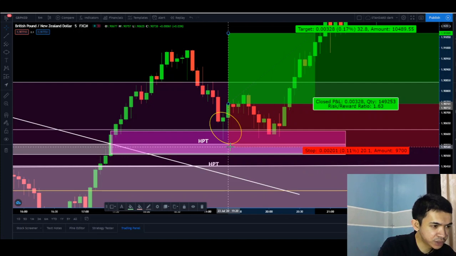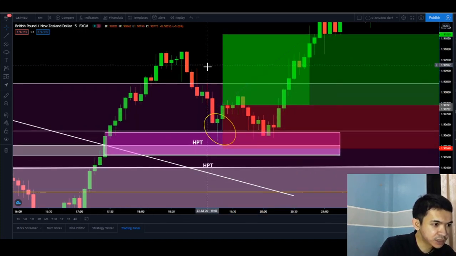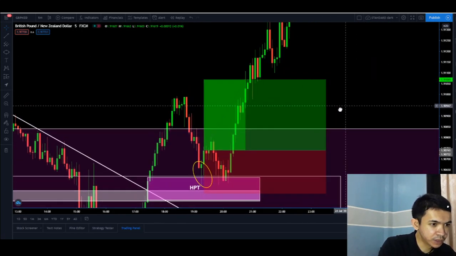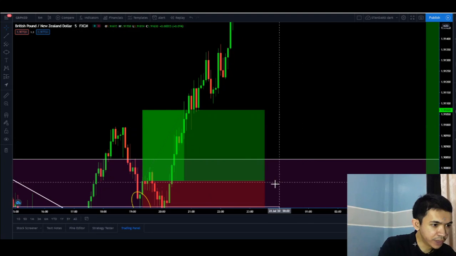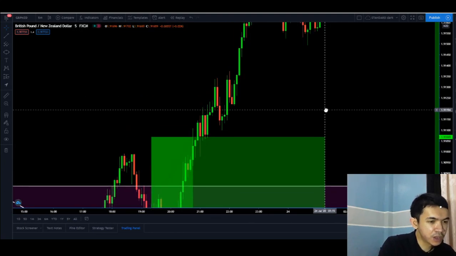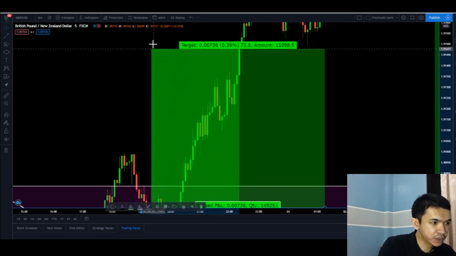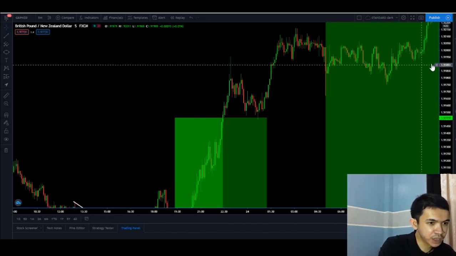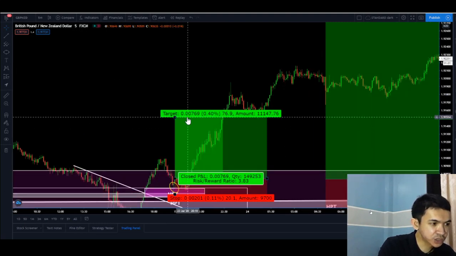And stop loss below this candle, right? So my entry would be now here, and of course, where is my take profit? Take profit remains at your higher time frame. Guys, that is where you 10x your profit, right?